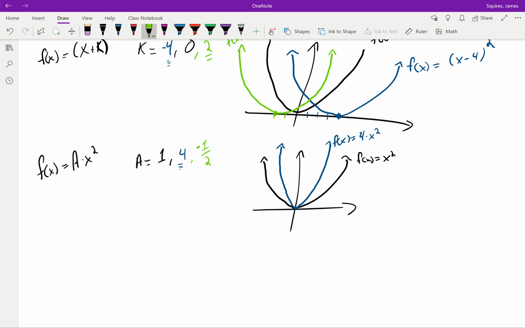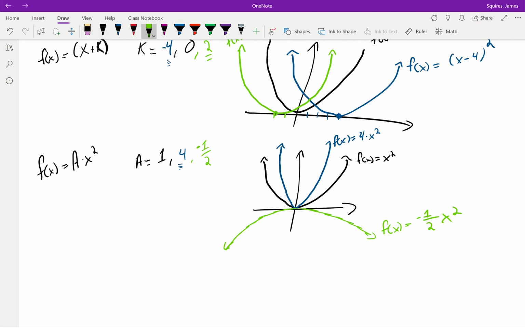And because there's a negative sign, it's going to be flipped around the horizontal axis, or the x-axis. So it does two things: it flips around the horizontal axis and it grows at half speed. So this is f of x equals -1/2 x squared.